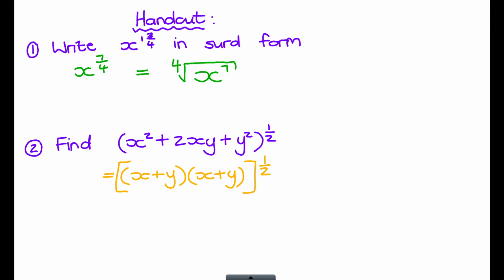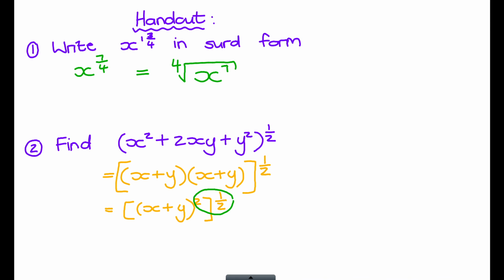Nee, maar nou omdat daai twee hakkies dieselfde is, I can say x plus y to the power of 2 and that to the power of a half. Goed? Nou, die oomblik as ek 'n mag tot die mag het, like I do here, then I'm going to multiply those.